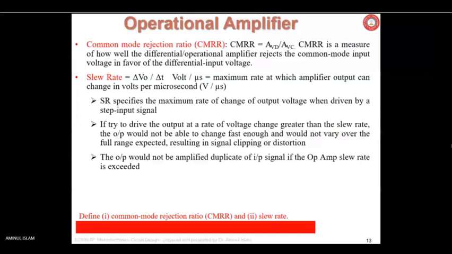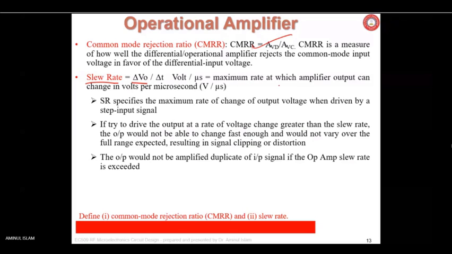Now CMRR, the definition we have already come across, is a measure of how well the differential amplifier rejects the common mode input voltage in favor of the differential input voltage. Now slew rate is another term that we have not discussed. Delta VO, change in output voltage with time, delta T, or volt per microsecond.